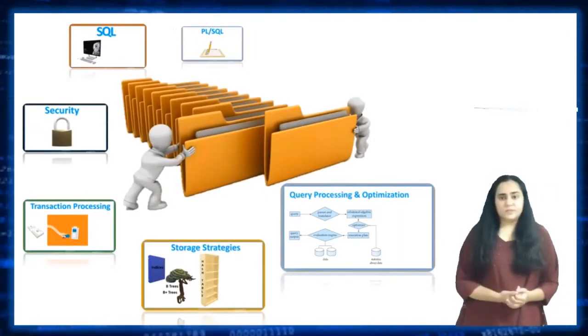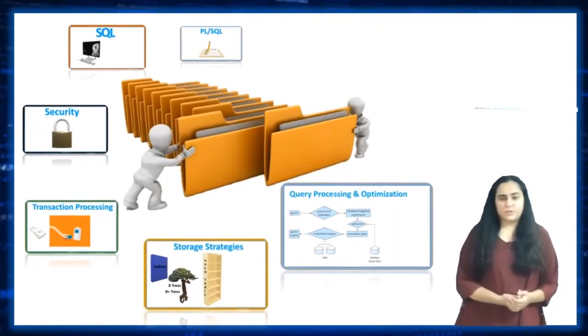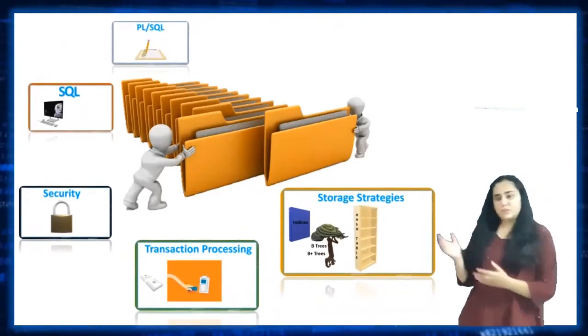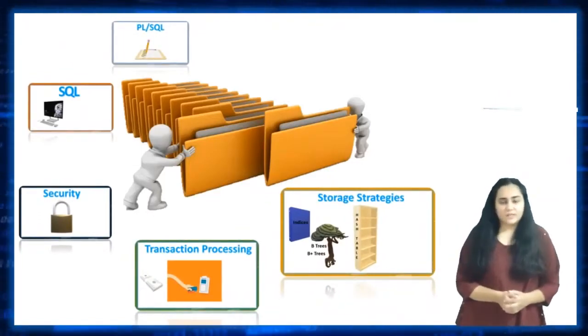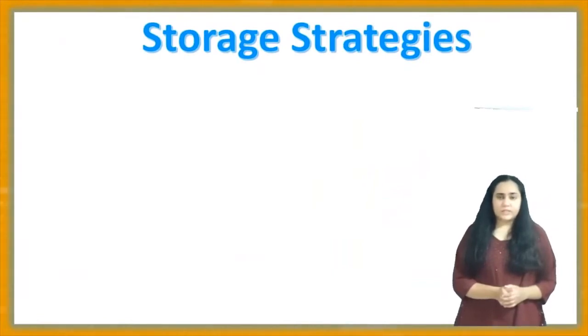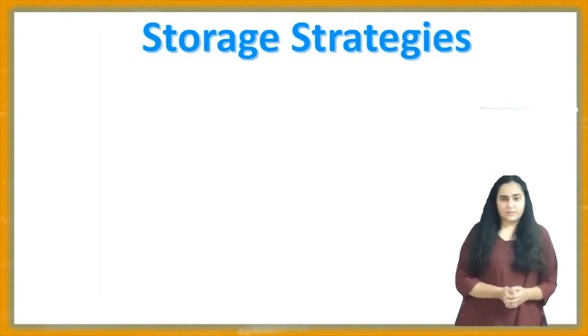DBMS uses some truly amazing data structures, which we are going to see now in the unit called Storage Strategies. So let's go ahead and look at it. Storage strategies tell us what kinds of data structures are used within DBMS to make it fast and accessible.